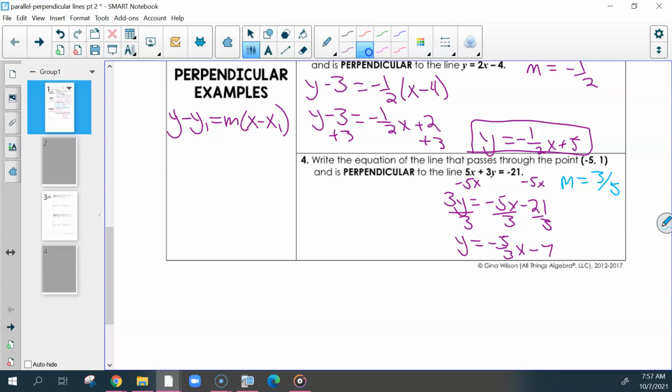And then use that slope and that point to put it back into your point slope formula, times x minus 9.